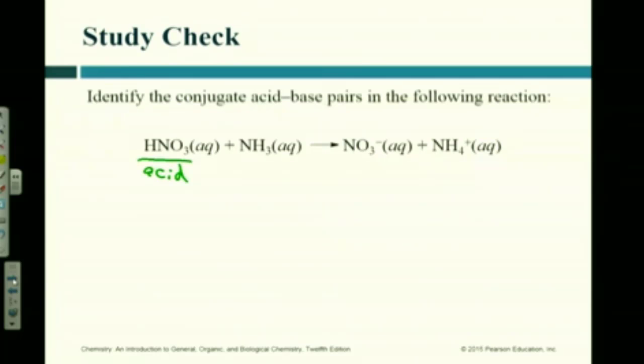It loses a hydrogen, and who does it become when it loses its hydrogen? The nitrite ion. So that makes it the conjugate base. All right, if this is an acid, that means that this must be a base. And that means that this is its conjugate acid.